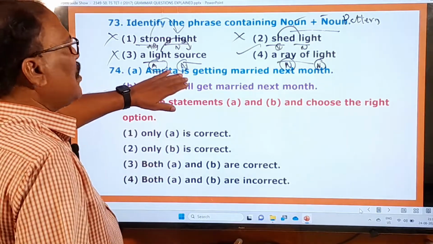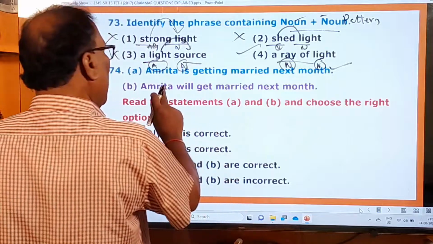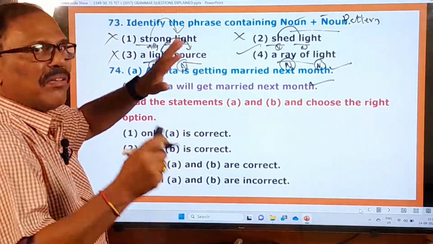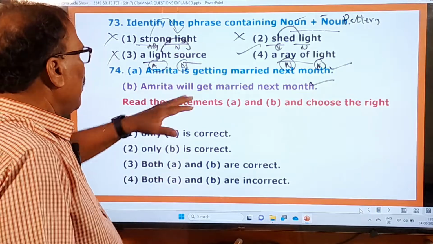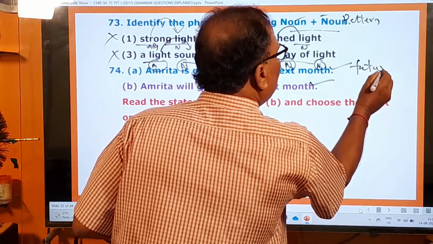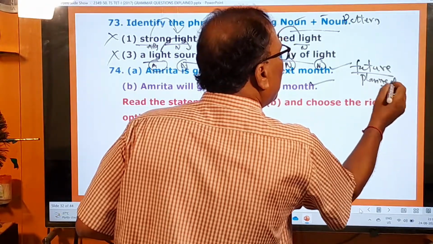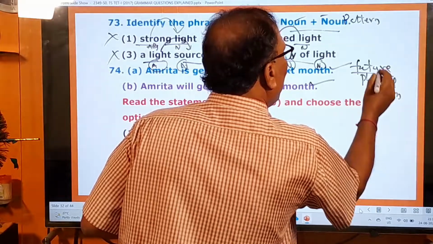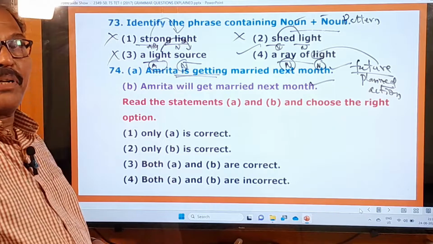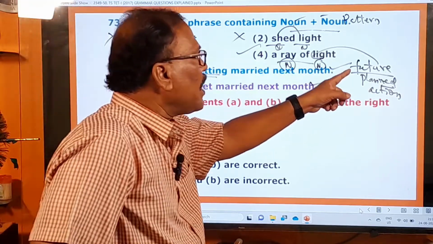Now you read these statements. Amrita is getting married next month, right? Amrita will get married next month, right? Both statements are absolutely right, because you can express a future planned action in the present continuous tense.